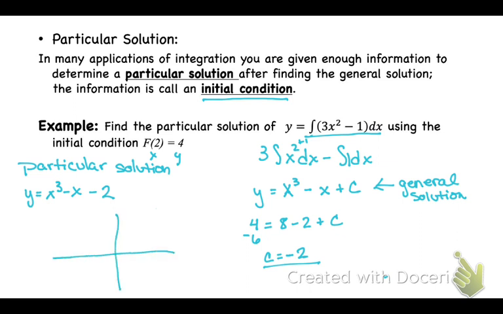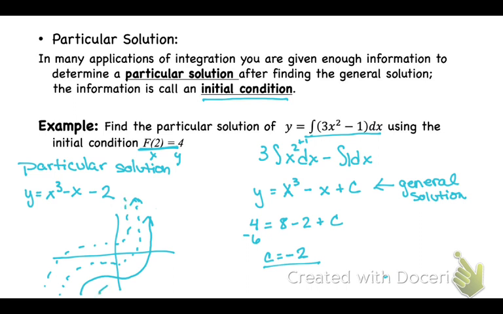So if I were to graph this, it would look something like this. And if I would change this initial condition, my graph would have the same shape. It would just have a different x-intercept, correct? Yes.